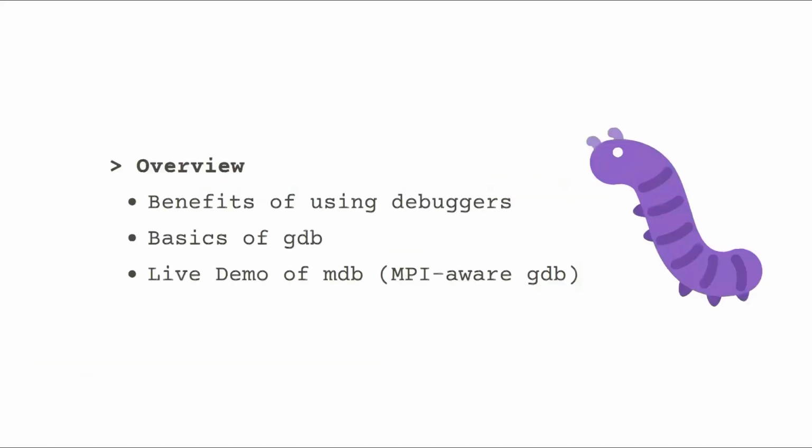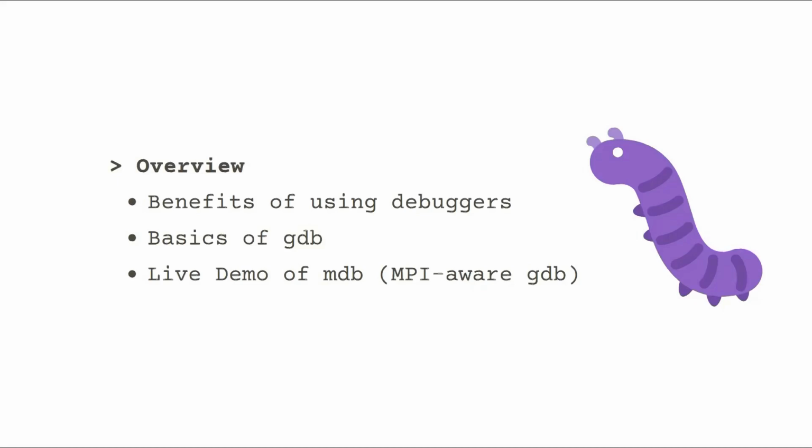So I want to give an overview of the talk today. I hope to present some of the benefits of using debuggers, because they're not the only means to debug programs. To that end, I'm going to focus on a couple of specific debuggers. I use GDB a lot. I'll talk a bit about what GDB is in a minute, and I'll also go through a demo of GDB.